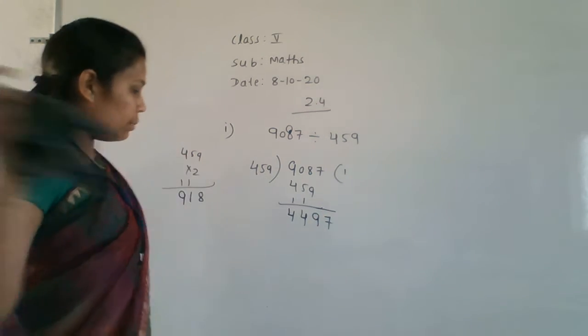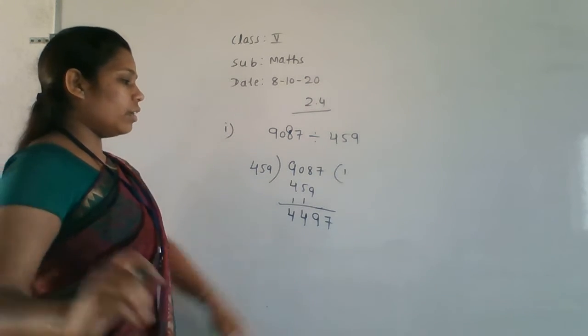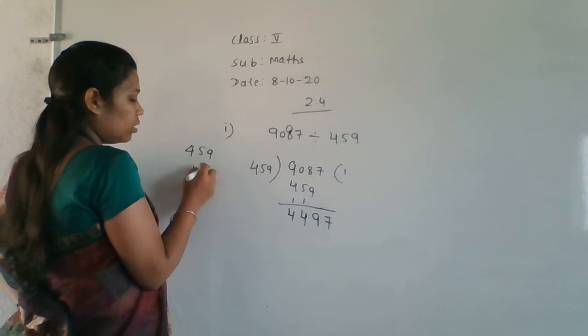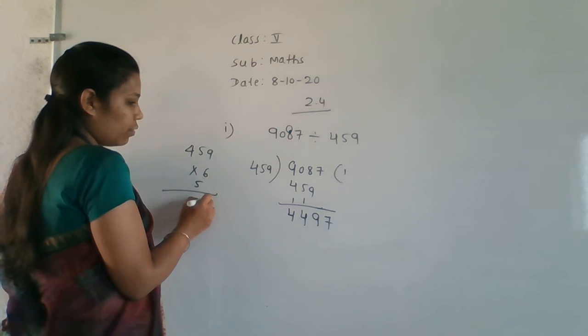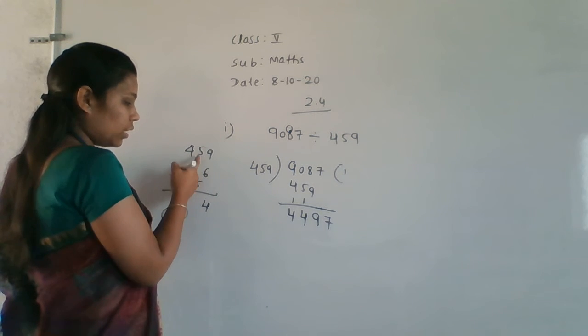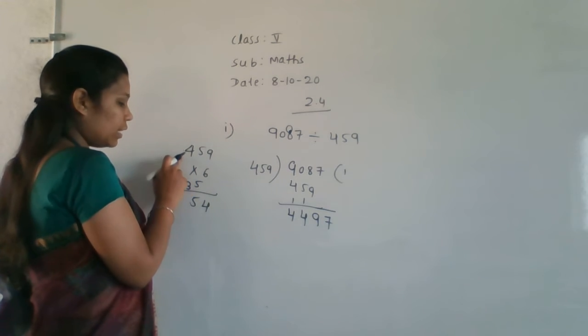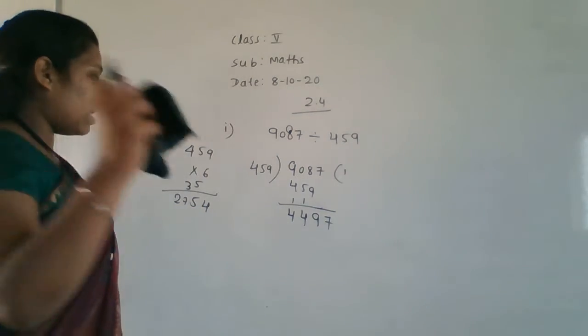Again do the multiplication and check. 459, we want a 7. We can't take a 7 here. Check with the 6 value. 6 nines are 54. 6 fives are 30, 30 plus 5, 35. 6 fours are 24, 24 plus 3 is 27. It's a smaller value.